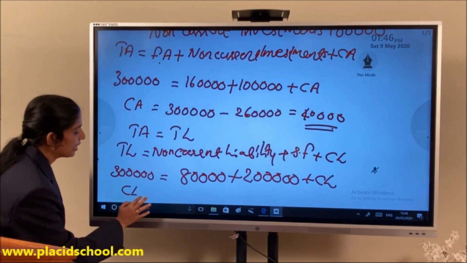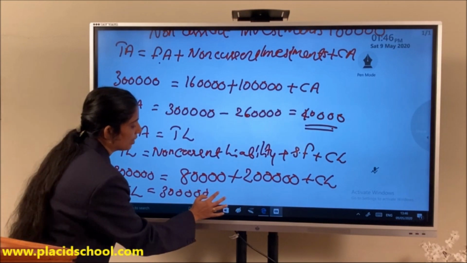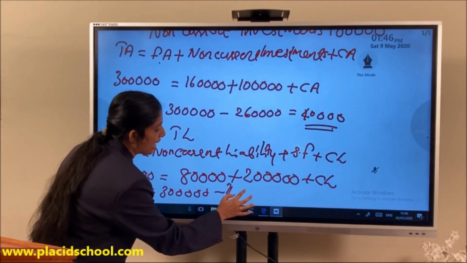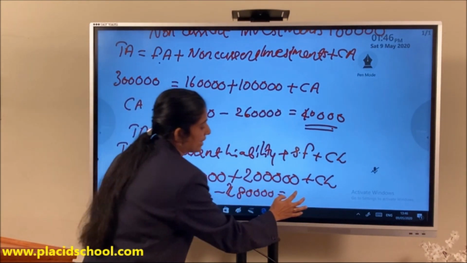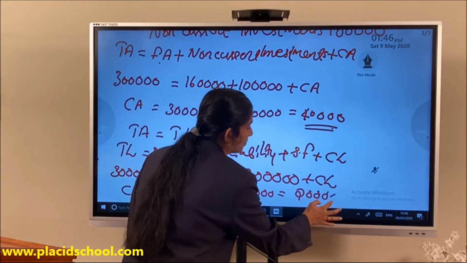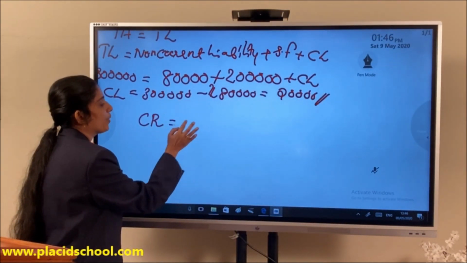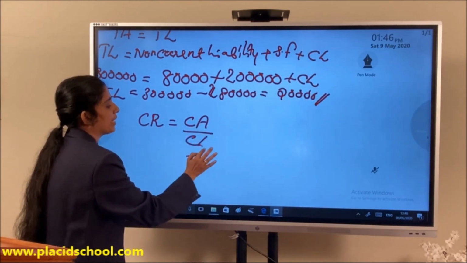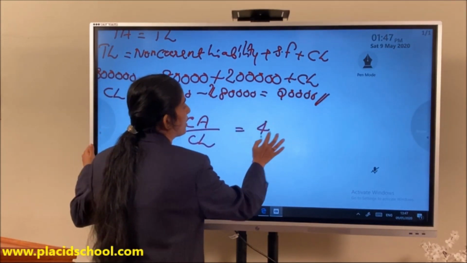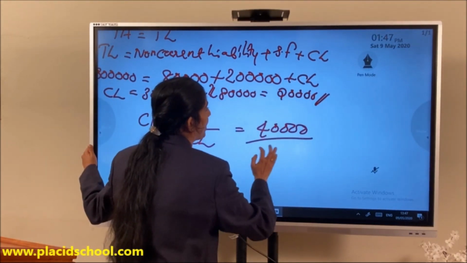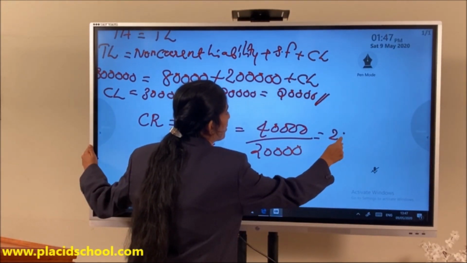Then current liability equals 3 lakhs minus 2,80,000, which equals 20,000. Then current ratio equals current assets divided by current liabilities, 40,000 divided by 20,000 equals 2:1.